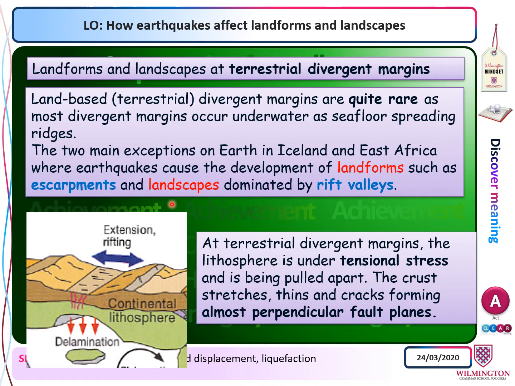So here's a picture of what's happening, and this is the latest science behind what's happening with plate tectonics. The text here is talking about the tensional stress, where the lithosphere has been pulled apart. Here you can see the crust is being stretched, it's thinning, and there are cracks forming.